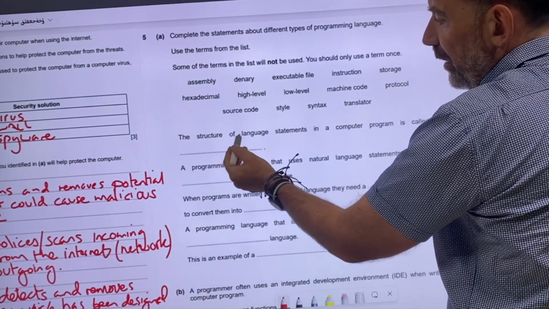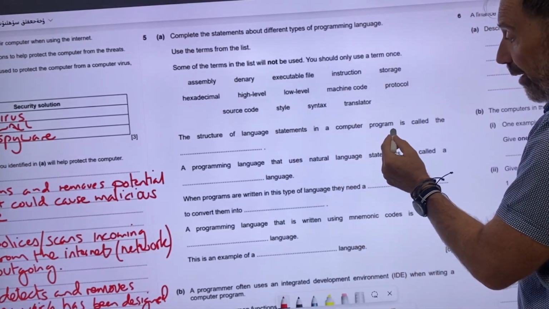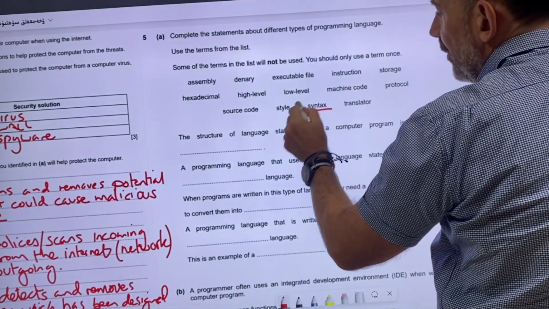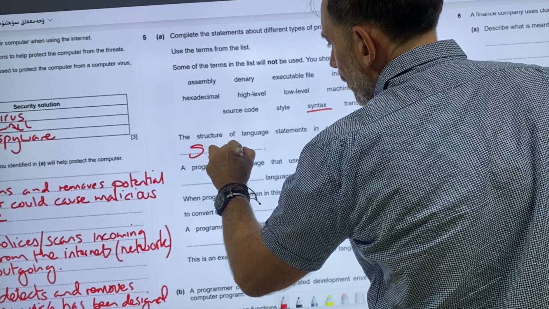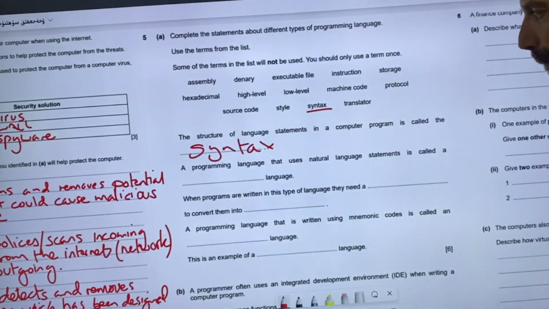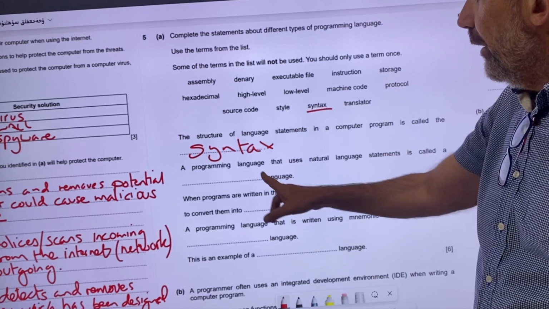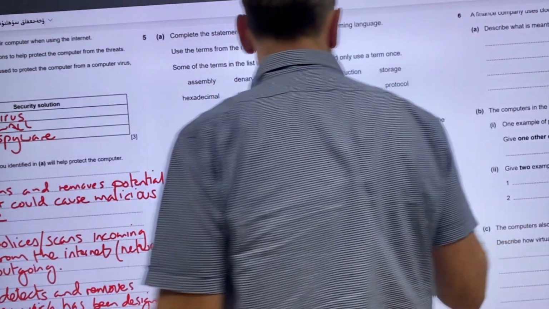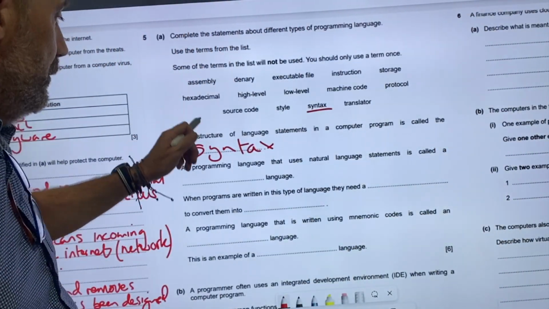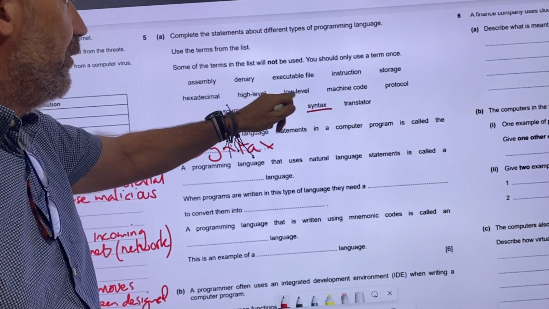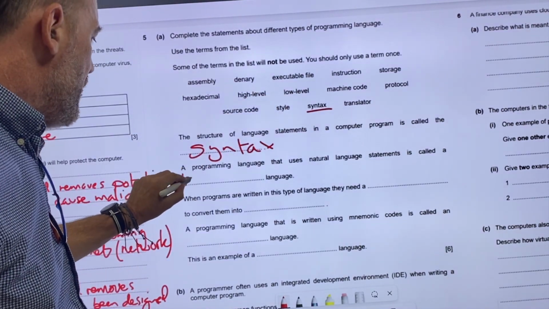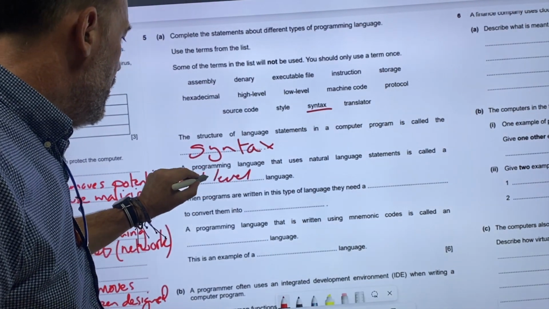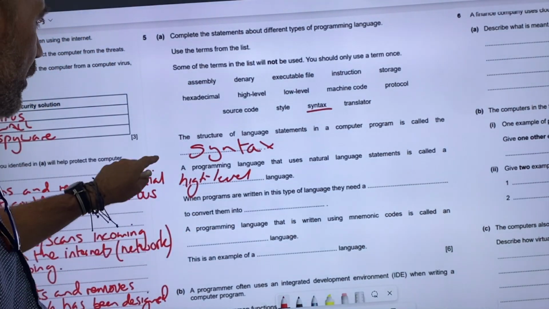The structure of language statements in a computer program is called the syntax. So, yeah, syntax. Okay. A programming language that uses natural language statements is called something language. So it's either a high-level language or a low-level language. It's going to be a high level. Okay, so I can guarantee that somewhere down here is going to be a low-level language.